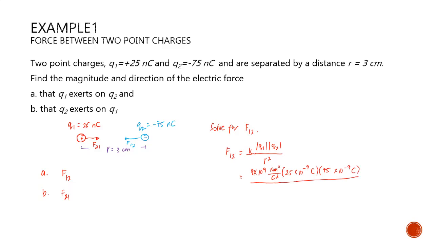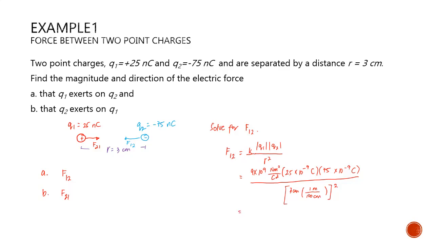R is in cm, by the way, so we need to convert that into meters. In 1 meter, there are 100 centimeters, and it should be squared. So after converting it, you need to square it. Or you convert it first, 3 over 100, or 0.03, and then square the value of R.